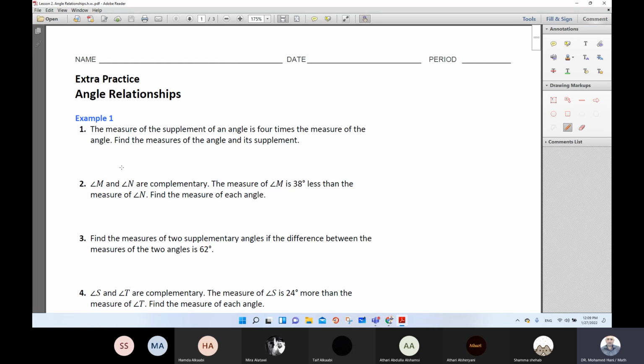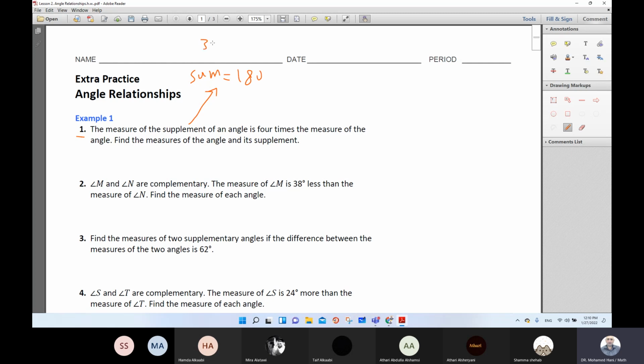Angle relationships. The first question here, the measure of the supplementary. What is the meaning of supplementary? Supplementary means any two angles, the sum of them equals 180.